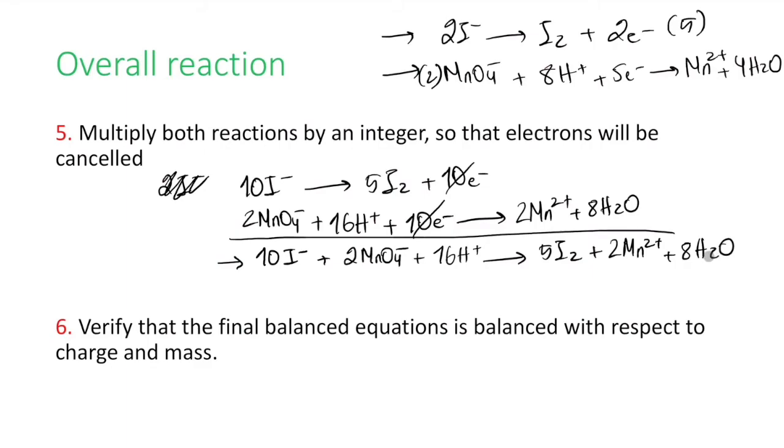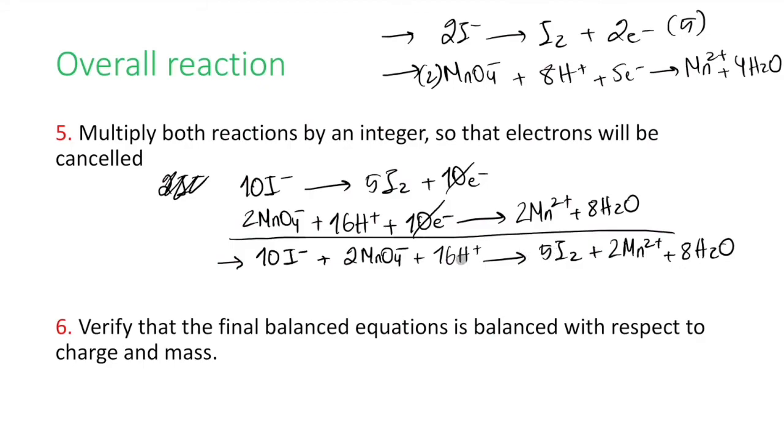Okay, it's balanced. 8 oxygen atoms, and here we have 2 times 4 equals 8 oxygen atoms as well. 16 hydrogen ions, and here we have also 8 times 2 equals 16. So this redox reaction is being balanced in terms of matter.